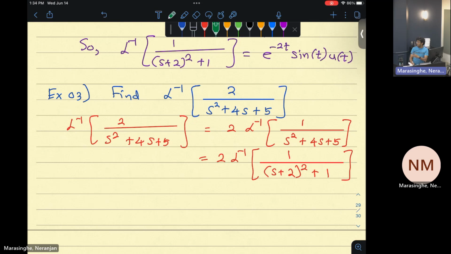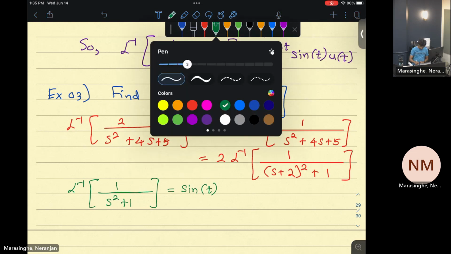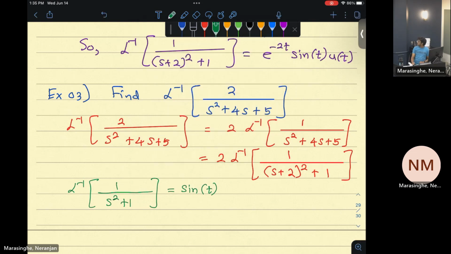So instead of taking the inverse Laplace transform of 1 divided by (s plus 2) square plus 1, what can you say about the inverse Laplace transform of 1 divided by s square plus 1? It is sin t. So what can you say about the inverse Laplace transform of the red colored function?